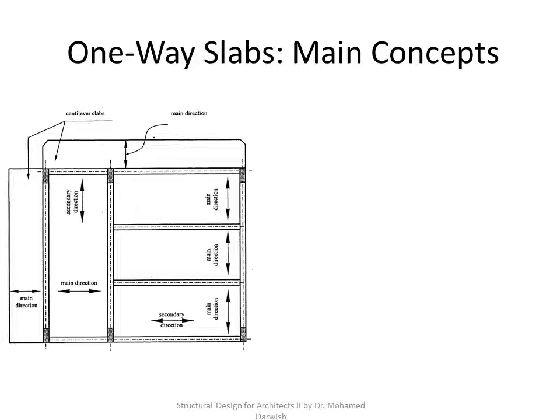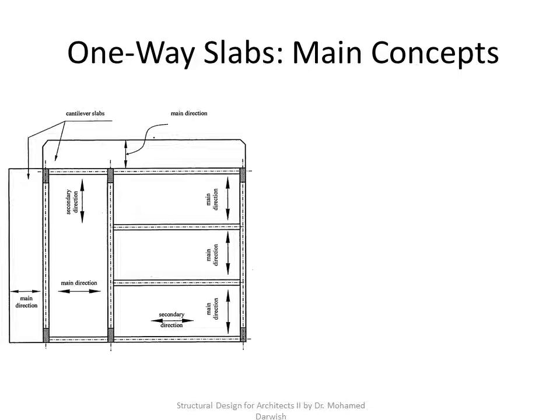One-way slabs, as previously mentioned, are slabs in which there is one main direction in which the load is transferred, and this direction is the main direction at which the reinforcement will be placed.